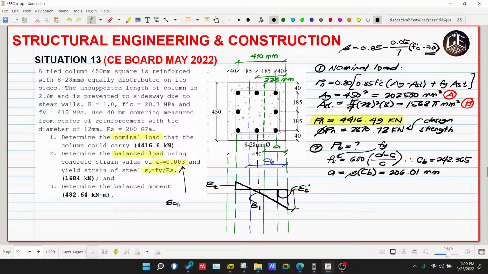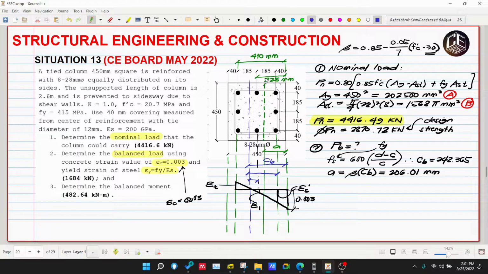Yung kanyang strain sa concrete is 0.003. So, by ratio and proportion, makukuha natin yan, magmula rito. So, ilan yung distance na to? Tapos, ilan rin yung distance na to? Yan yung mga gusto nating malaman.